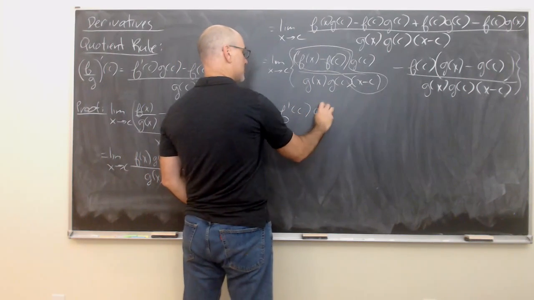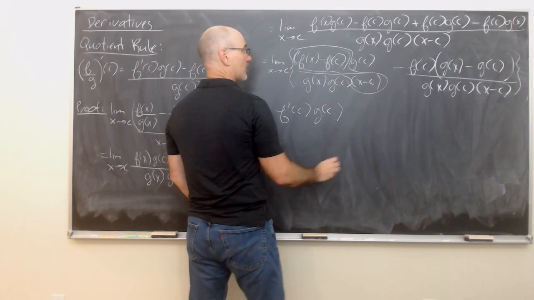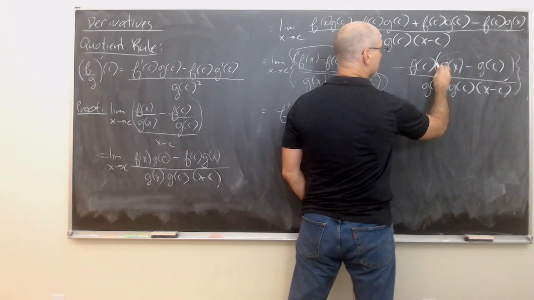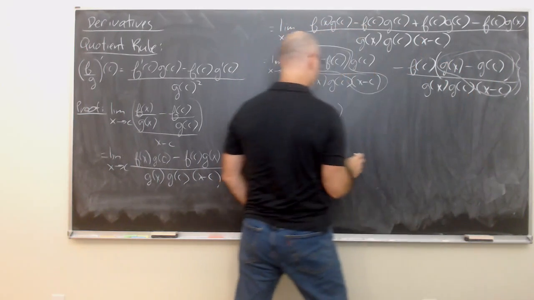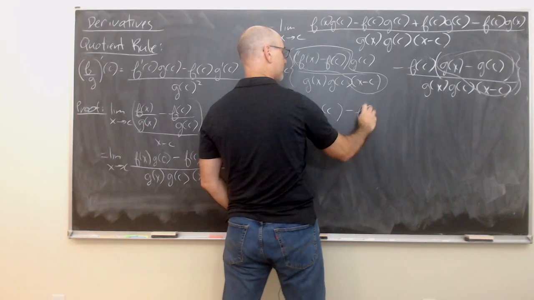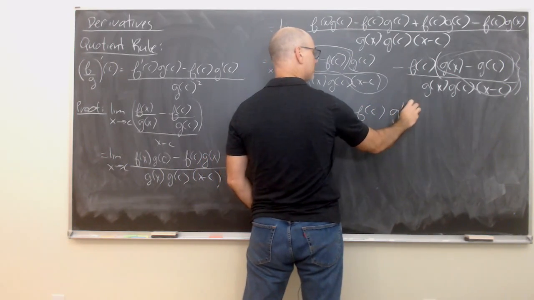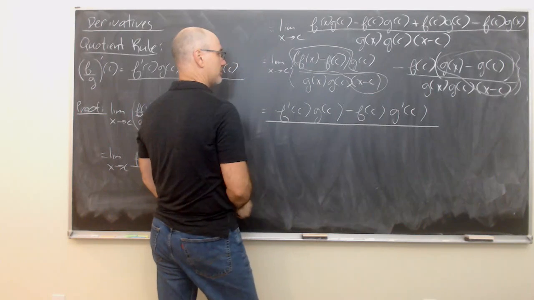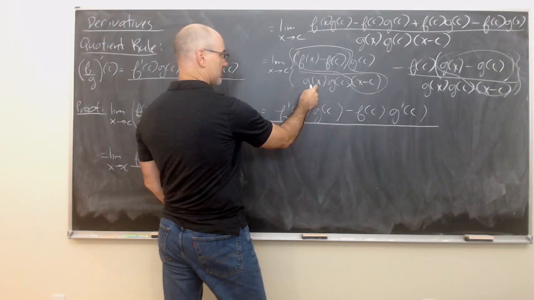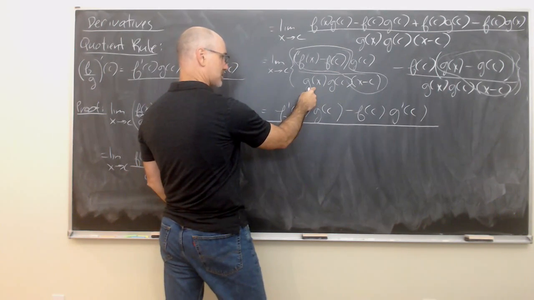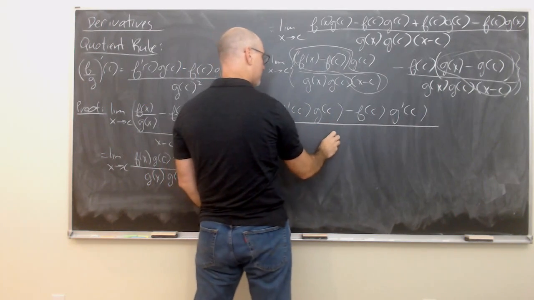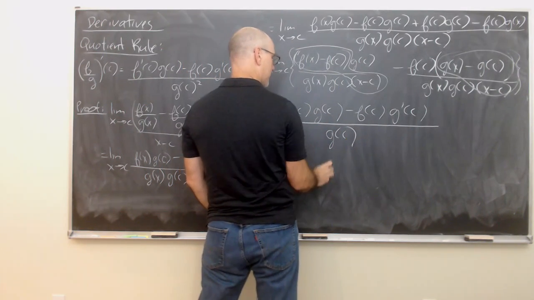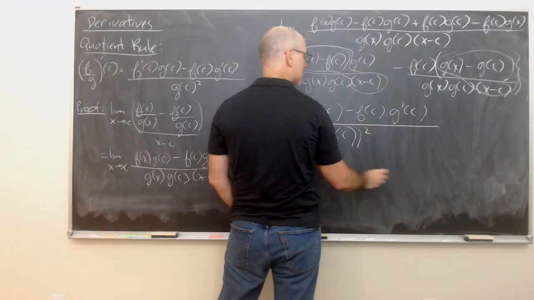And now I've got g of c. And this piece here is g prime of c. And they have the same denominator, and that denominator will be the limit of g of x as x approaches c times g of c. And that gets me my g of c squared.